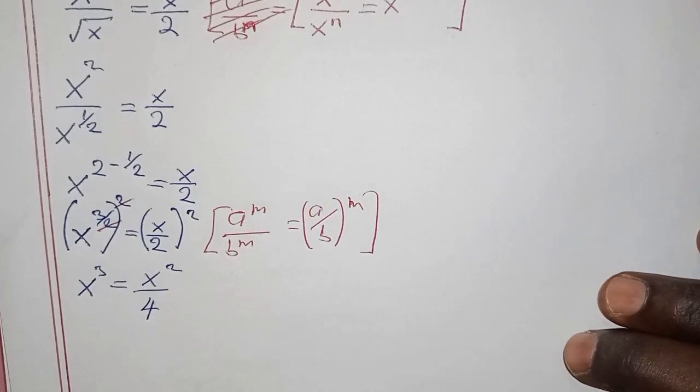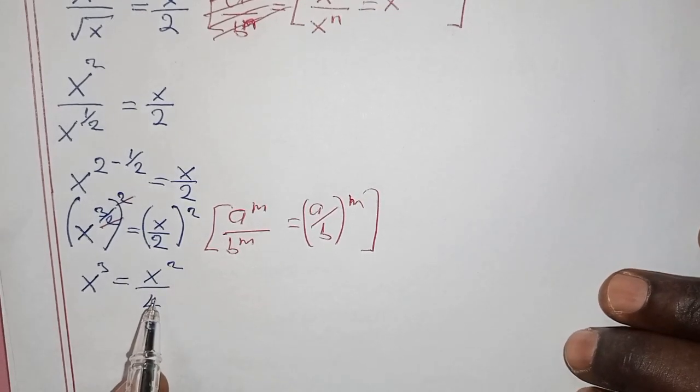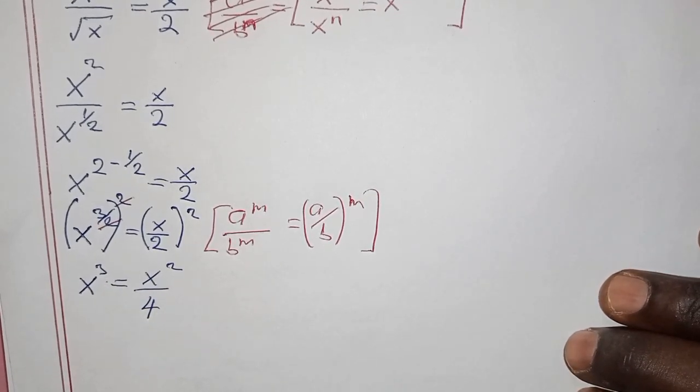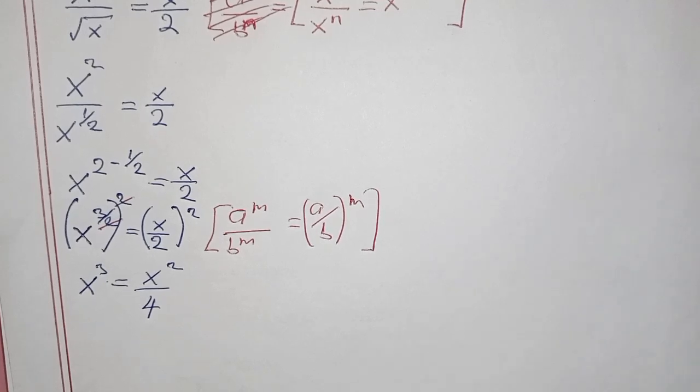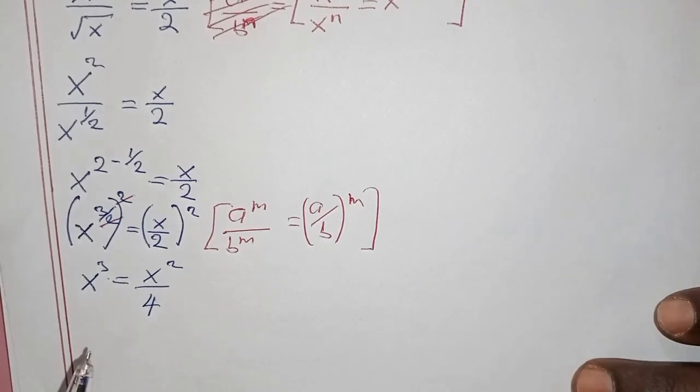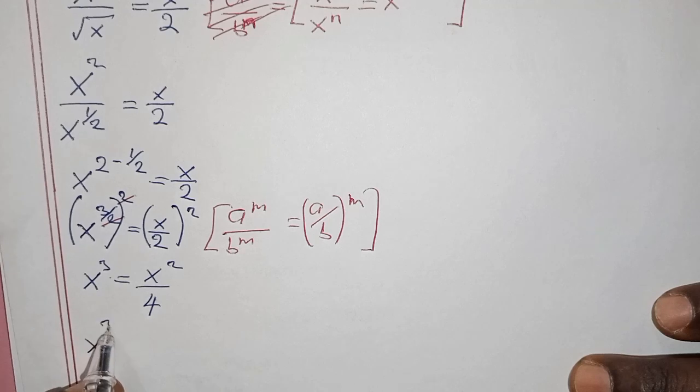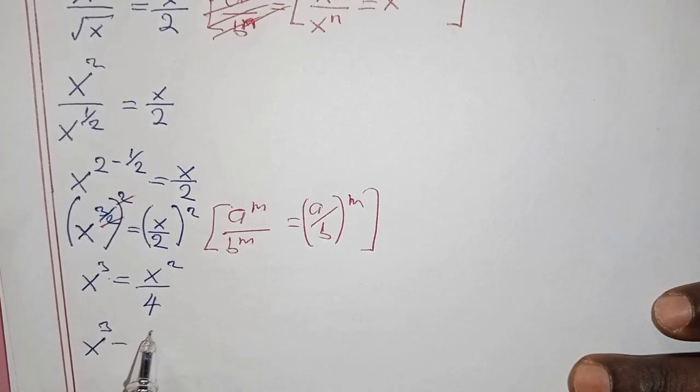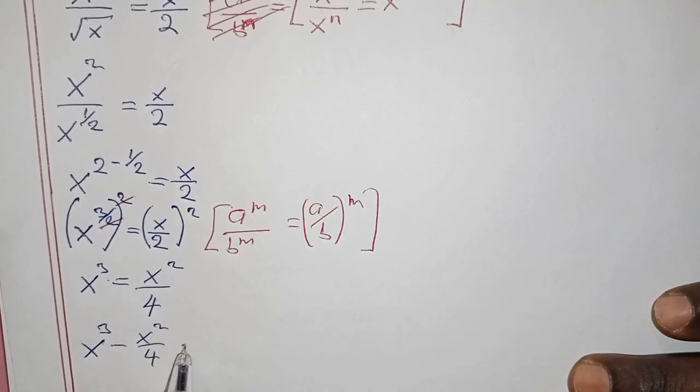So if that is the case, I want to take this to the left hand side. I want to rearrange those terms in x so that I let every other thing to be equal to 0. So I'm going to have x cubed minus x squared divided by 4 is equal to 0.